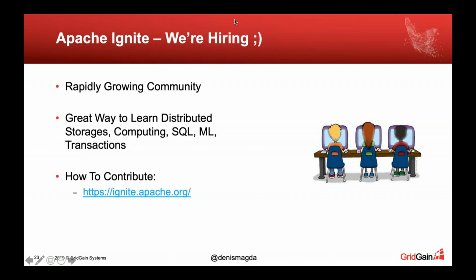So come to the Apache Ignite community, and you can learn how to build distributed systems, storage, computation, SQL, machine learning, etc. There are so many ways you can improve your technical skills if you contribute to Ignite.